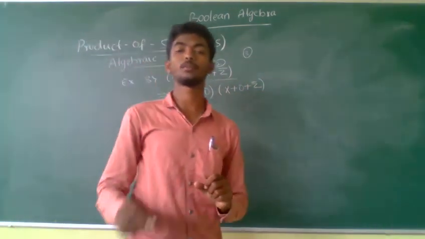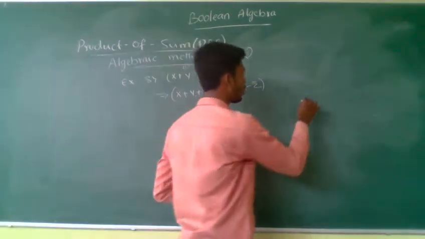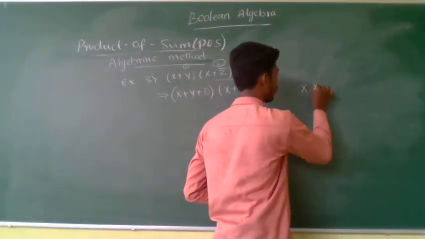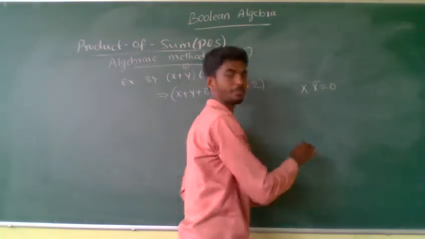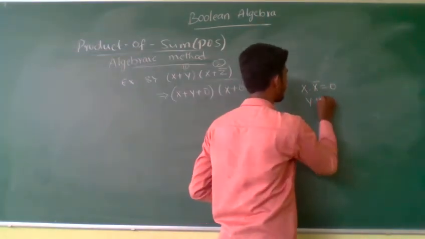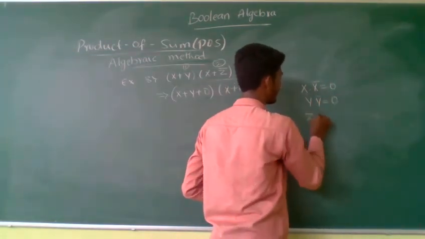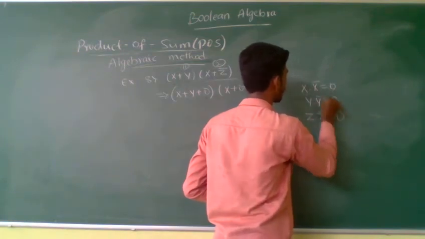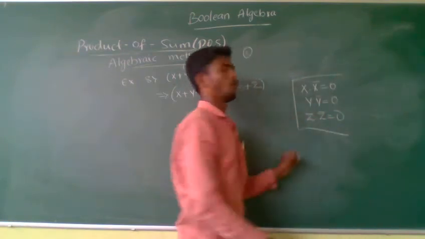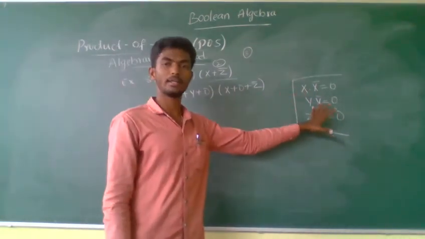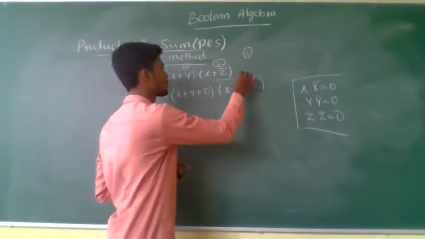Now from the Boolean postulates, we have x·x' = 0, y·y' = 0, z·z' = 0. Wherever required, substitute in the place of 0.